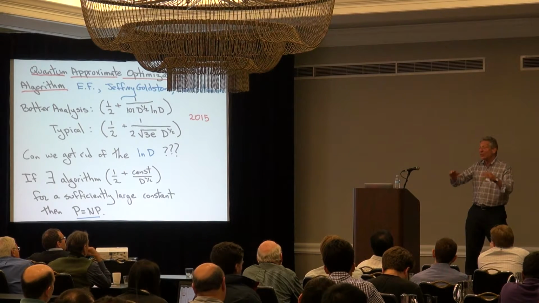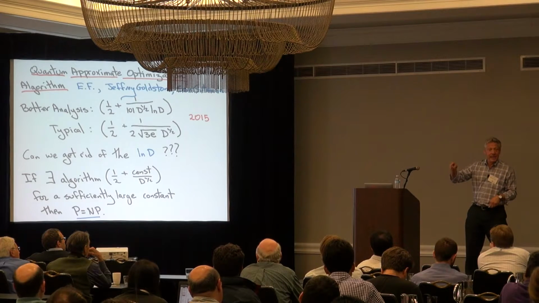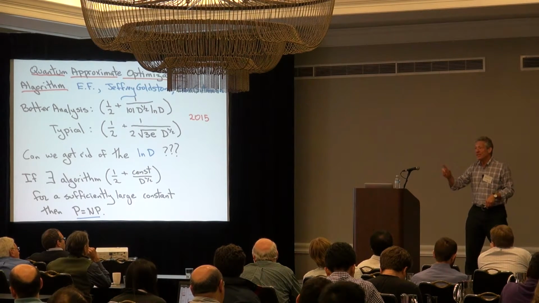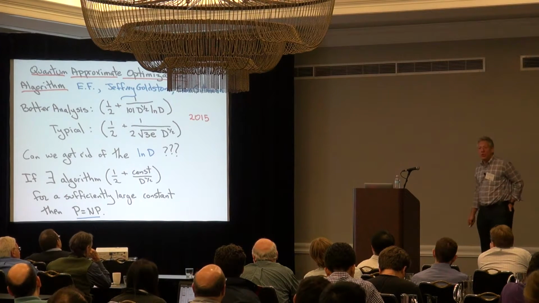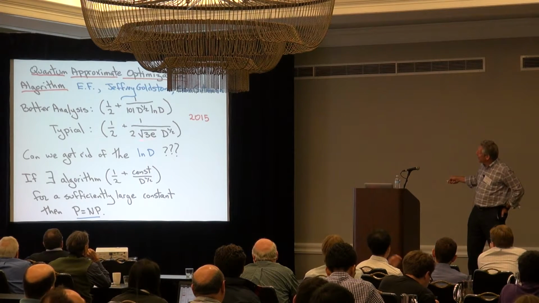So for a fixed graph, there are 2 to the m instances, because each of the m equations could either sum to 0 or 1. So we pick uniformly from the 2 to the m instances for every factor graph. And that's what I mean by typical.